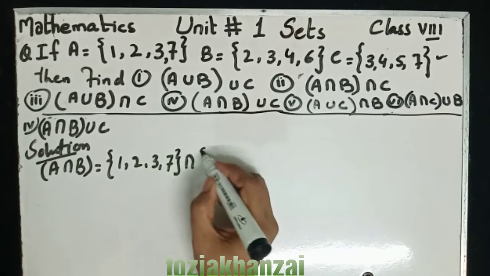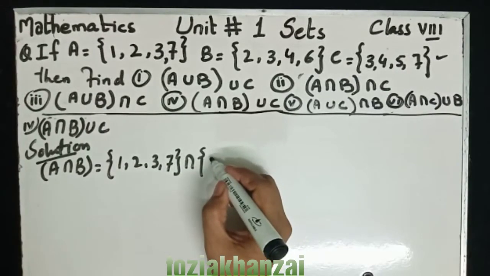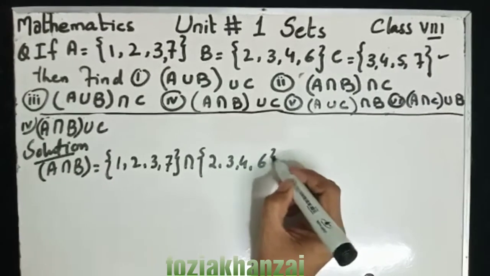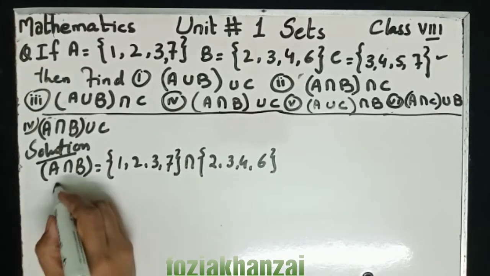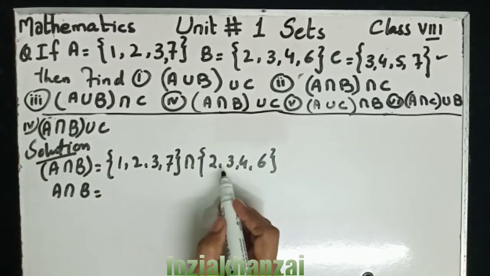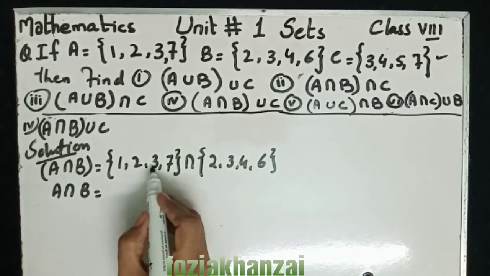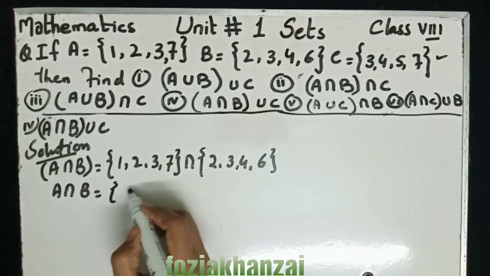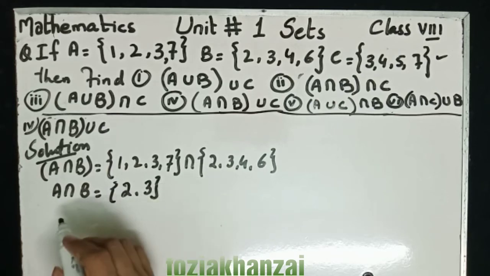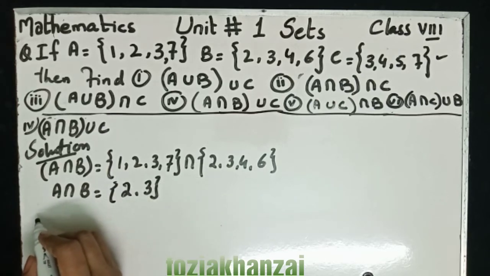Intersection sign. Set B: 2, 3, 4, 6, bracket close. Now we find the intersection. The common elements are 2 and 3. So the answer of A intersection B is 2 and 3.